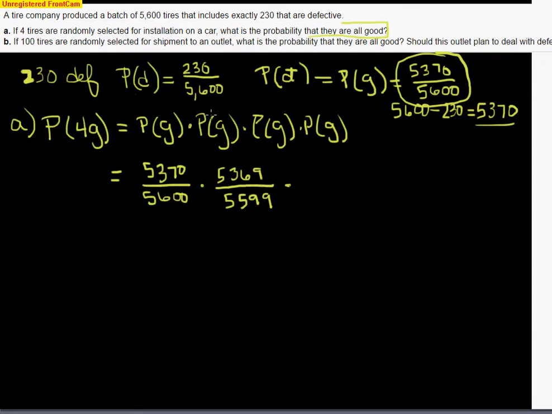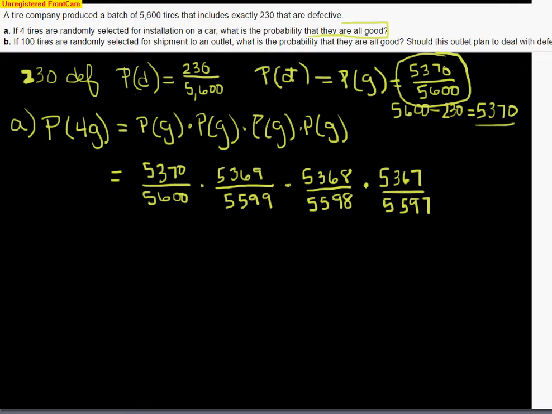And we're just going to continue this process. So the third tire, there will be 5,368 to choose from out of a possible 5,598 total number of tires left. And lastly, by the fourth time, there will be 5,367 good tires left out of a total possible 5,597 tires.